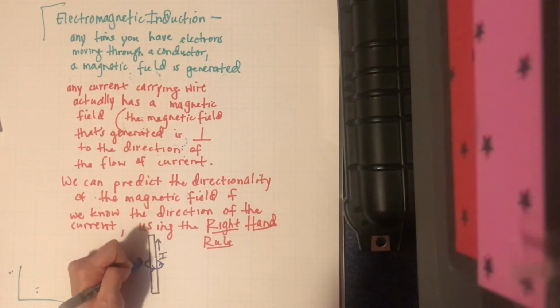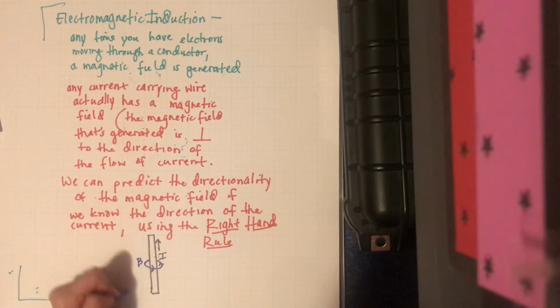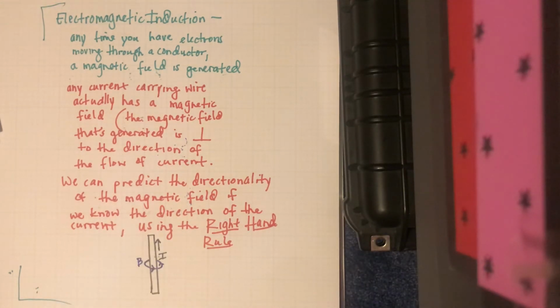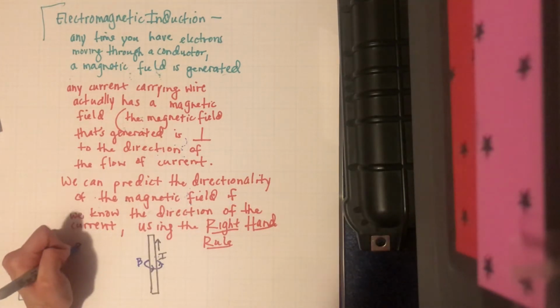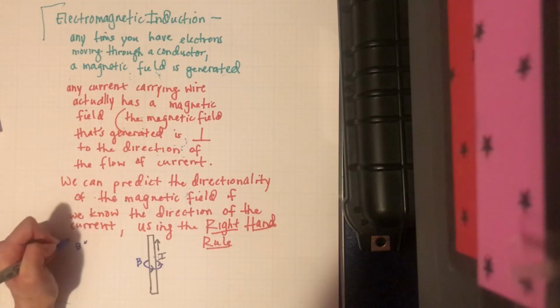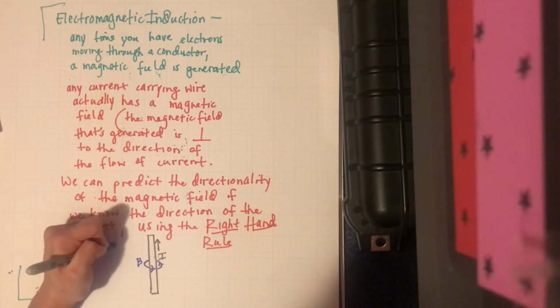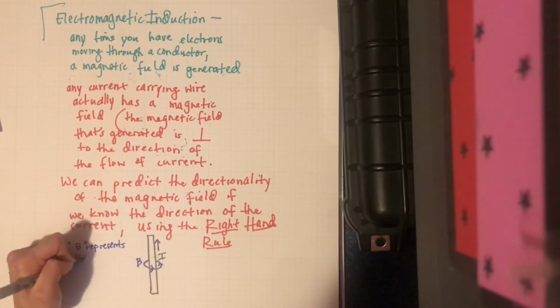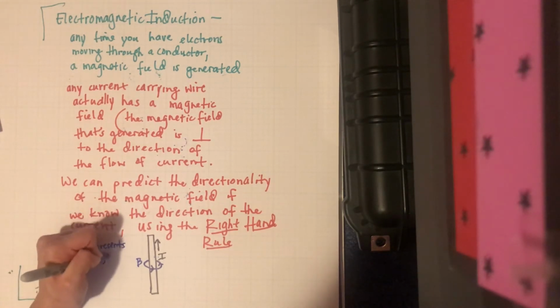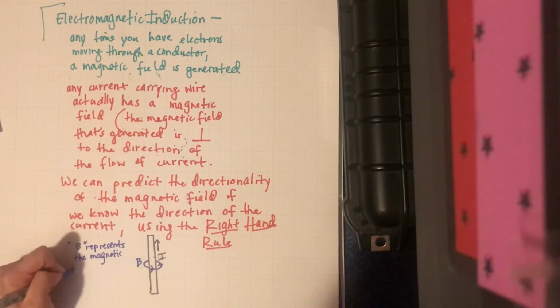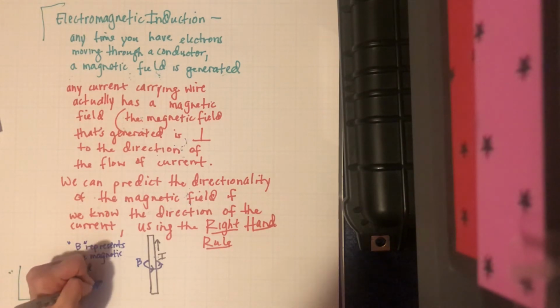And I'm going to label my magnetic field with the variable B. So B represents the magnetic field, and I represents the direction of conventional current.